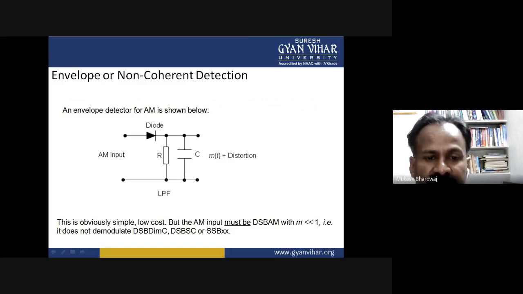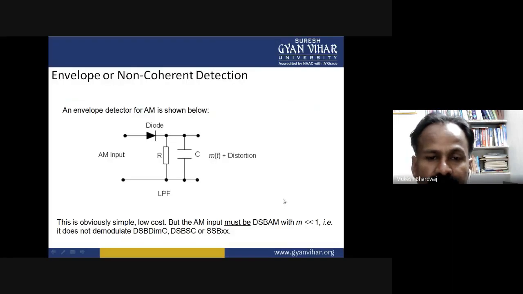This is obviously simple and low cost, but the AM input must be double sideband amplitude modulation with a modulation index much less than 1. That is, it does not demodulate DSB-SC or SSB. So this is the non-coherent method.